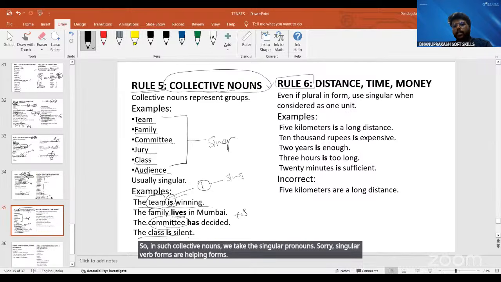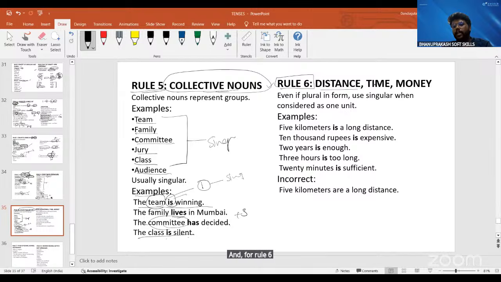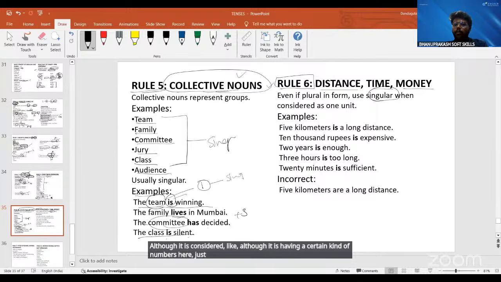And for rule 6, for things like distance, time, money, we take the singular verb form only. Although it has a certain number here, just like collective nouns, we should treat it as a singular thing, as one unit.